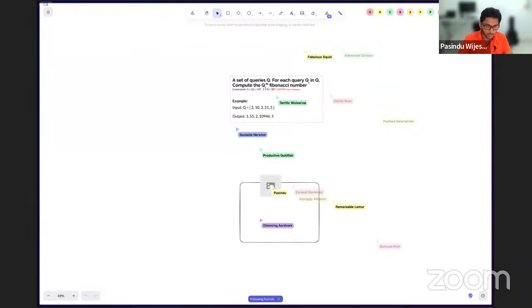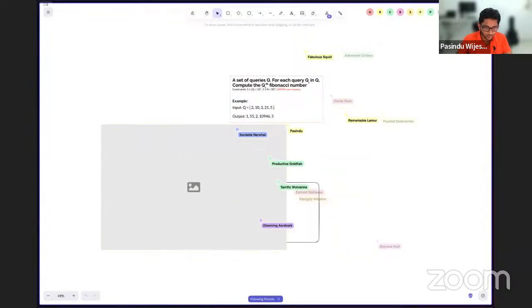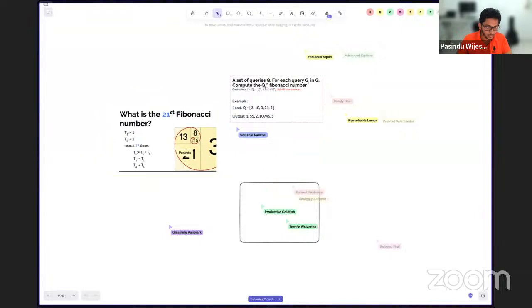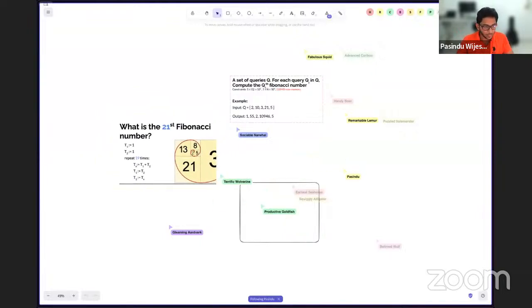Also, I'm bringing in the algorithm that we had for computing the 21st Fibonacci number. Right, so it's here for you to see. And if you have any questions, please feel free to chat in the chat box, or you can unmute and talk.